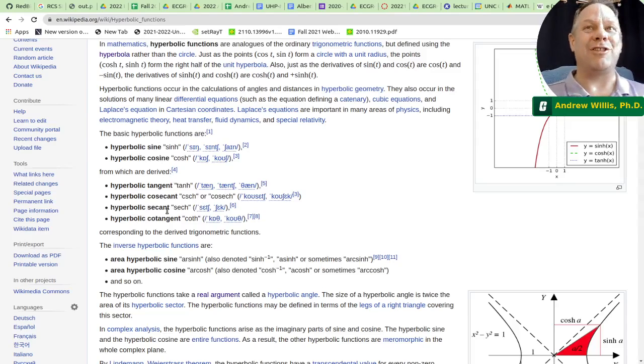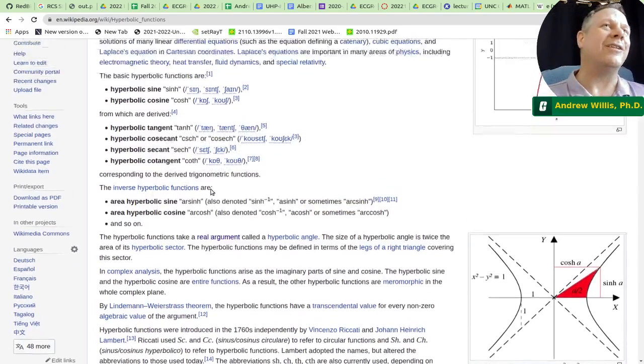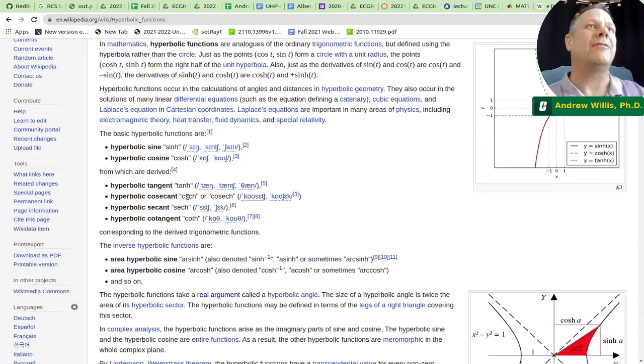Every trigonometric function has its analog as a hyperbolic function. Why that's the case, we're not going to get into, but it's good to know about, just like being exposed to all corners of the mathematical realm. But it's not going to come up very much for our class.